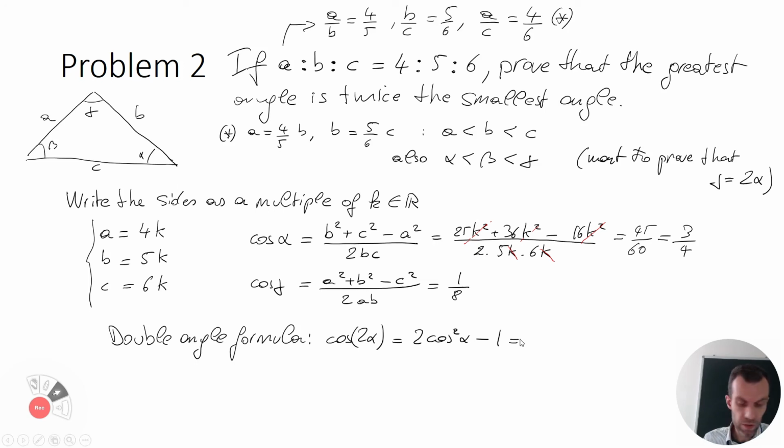And I know that this is 2 times 3 over 4 squared minus 1. I just calculated that value. And now I can simplify that a little bit. If I simplify this, I get that this value is equal to 1 over 8.